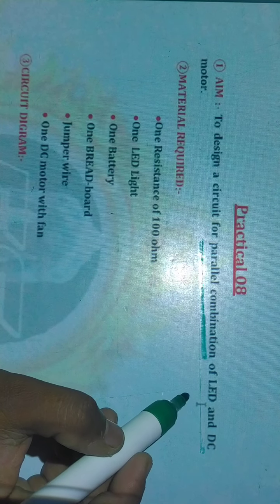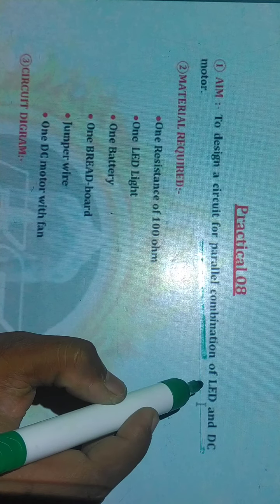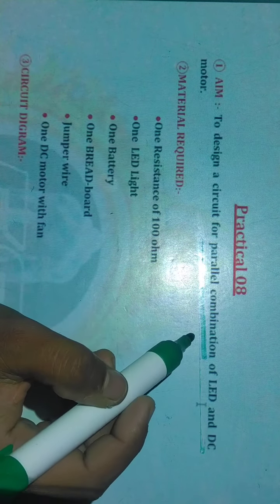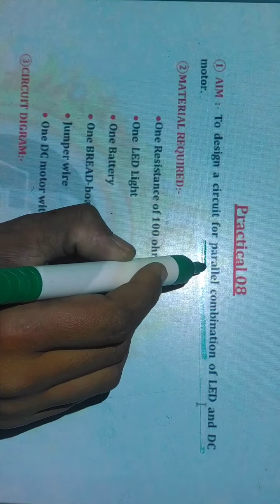What is the difference between practical number 7 and practical number 8? In practical number 7 we read about parallel combination of resistance, but in this practical we read about the parallel combination of LED light and DC motor.